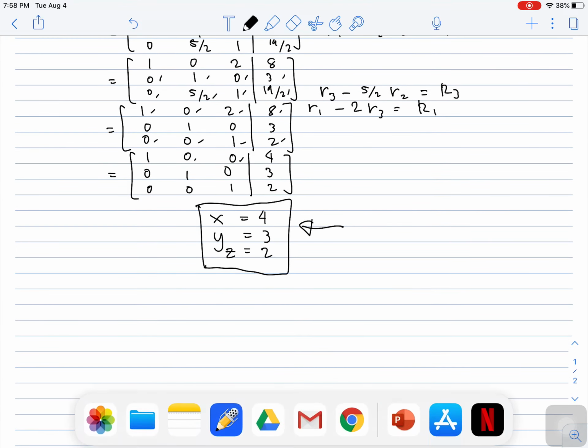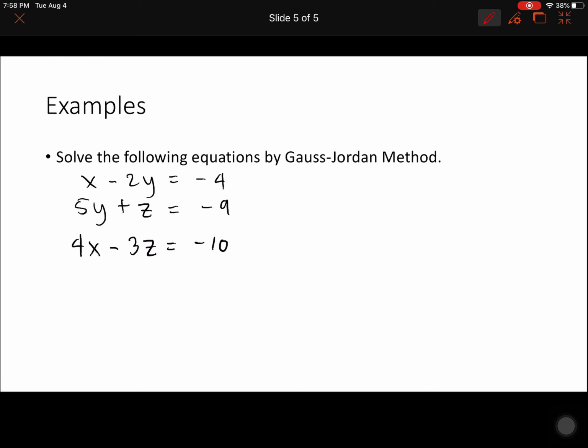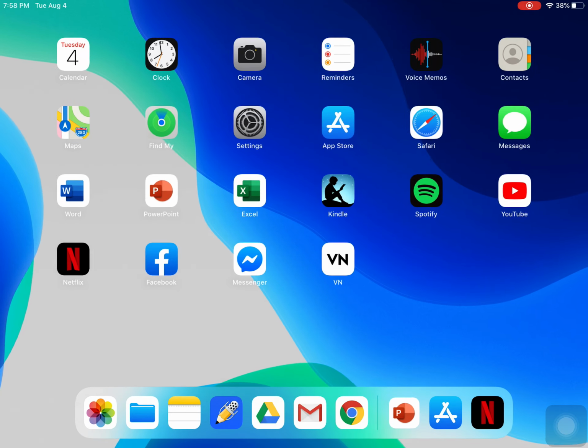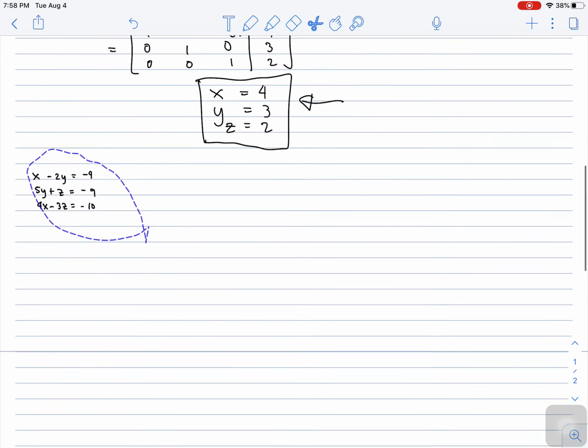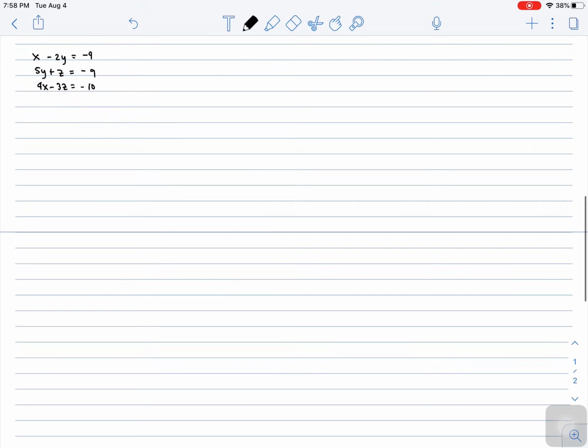Okay, so for example number 2, we have this equation. Check if the pivots are non-zero. The first pivot is for x, so 1 is non-zero.